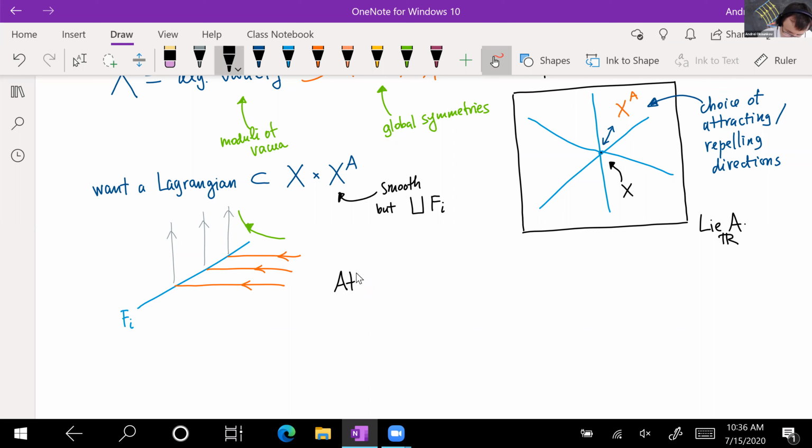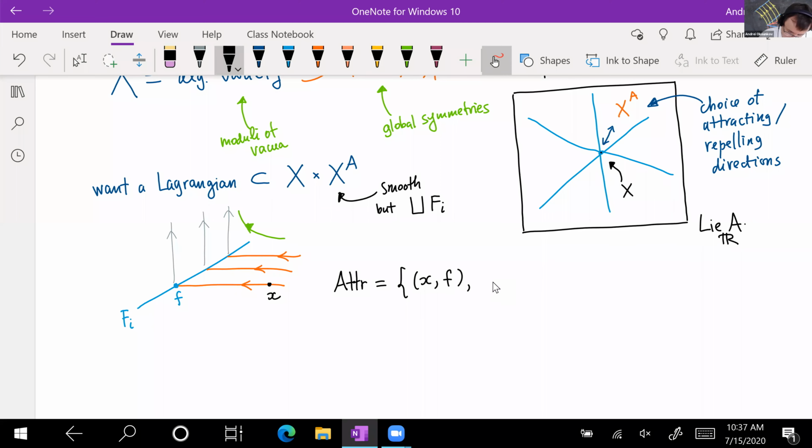I'll just write it as attracting. This is the set of pairs: you have some point X, and there's a fixed point F here.